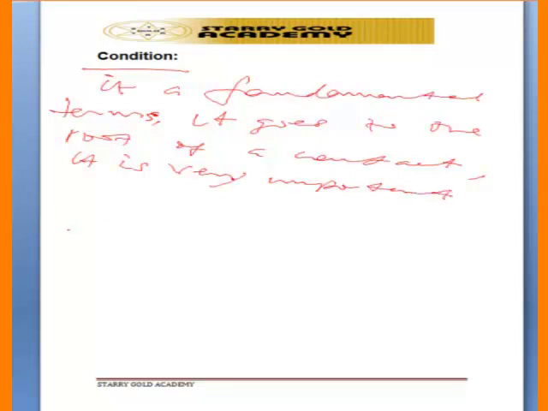And where there is a breach of condition, the innocent or aggrieved party is entitled to sue for damages and rescission. Damages or rescission or repudiation.